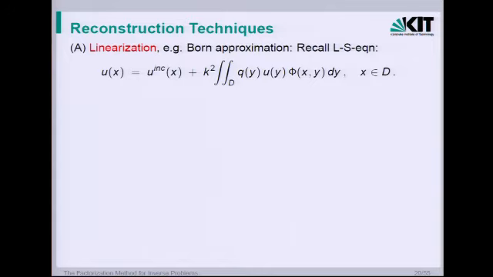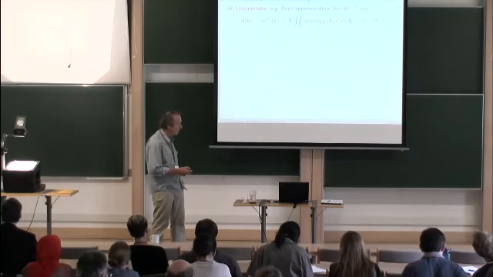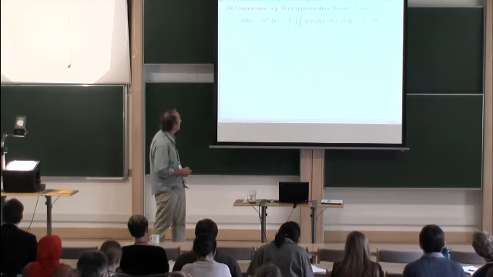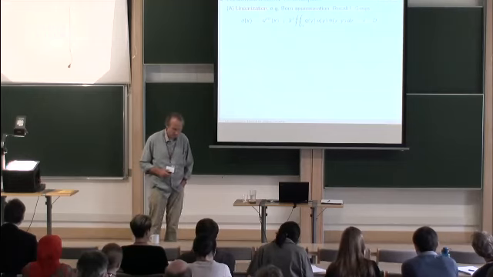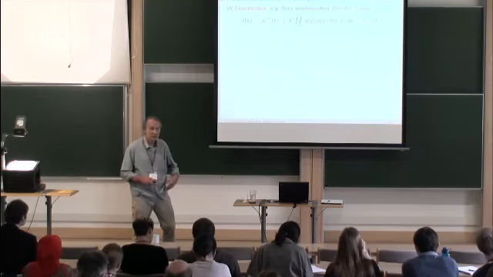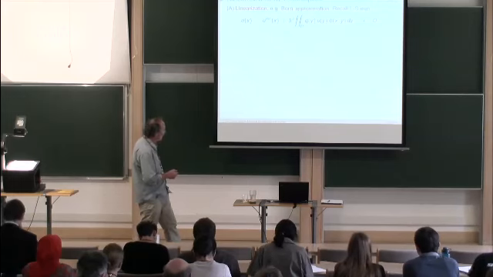I just want to sketch two approaches which use the Lippmann-Schwinger equation, really very popular methods. And the Born approximation is not only used for the reconstruction technique, but it's also used as a very popular model. It's also based on the Lippmann-Schwinger equation.